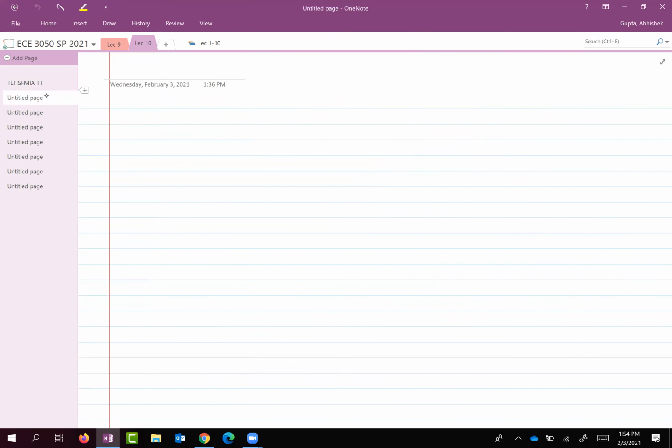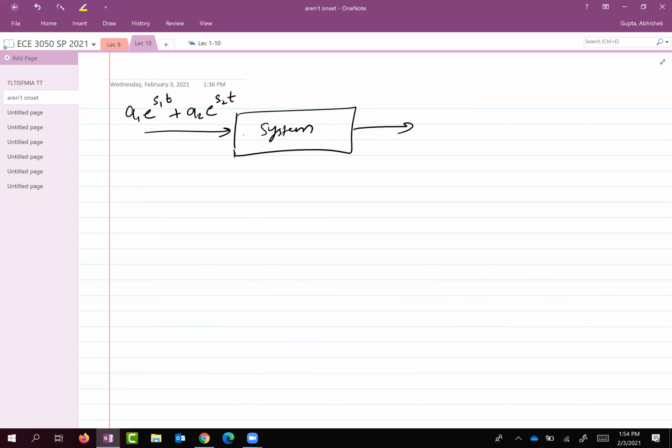Let's look at it again somewhat closely. Now let's say I have a1 e raised to s1t plus a2 e raised to s2t. This is the input to the system, an LTI system. What do you think the output is going to be?